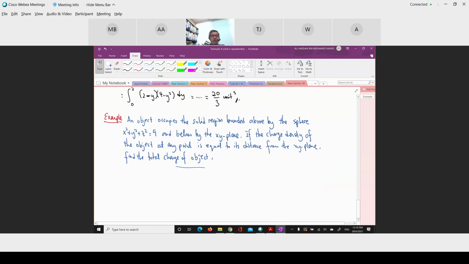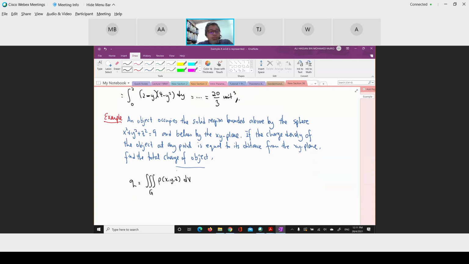Again, we know that the total charge Q is represented by a triple integral over a solid G, of rho x, y, z dV, as we had discussed before. So what is rho and what is G here?